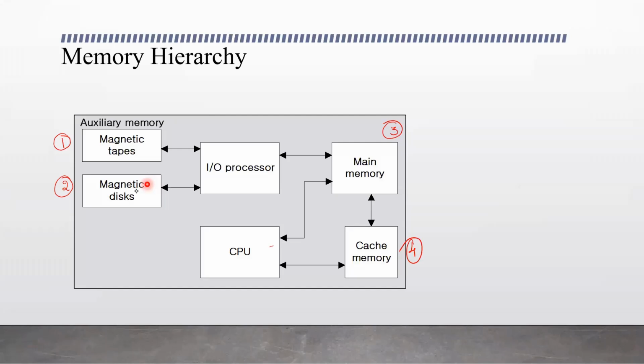Whenever these programs and data are needed for processing, they are transferred to main memory. Main memory is connected to auxiliary memory through the IO processor. In the hierarchy, auxiliary memory is the slower operating device, main memory is faster than auxiliary memory, and cache memory is the fastest unit.